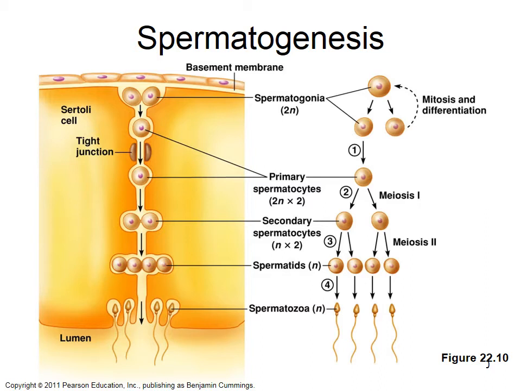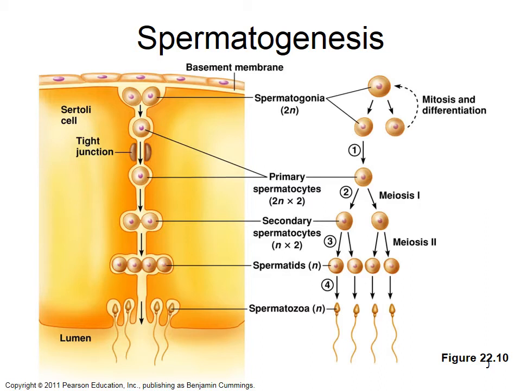So when spermatogonia are replicating themselves, they're undergoing mitosis. When spermatogenesis occurs, some of those spermatogonia undergo meiosis, right? And meiosis is one round of DNA replication and two rounds of cell division.